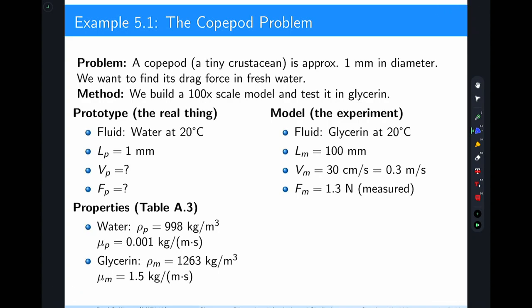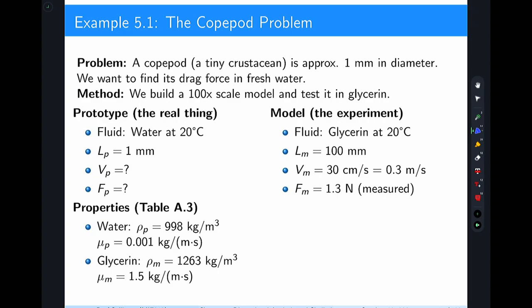I have a copepod, a tiny crustacean of approximately 1 millimeter in length or diameter. We want to find the drag force in fresh water, and we build a 100-times scale model and test it in glycerin. So we go from water at 20 degrees C to glycerin at 20 degrees C. The length of the prototype is 1 millimeter.